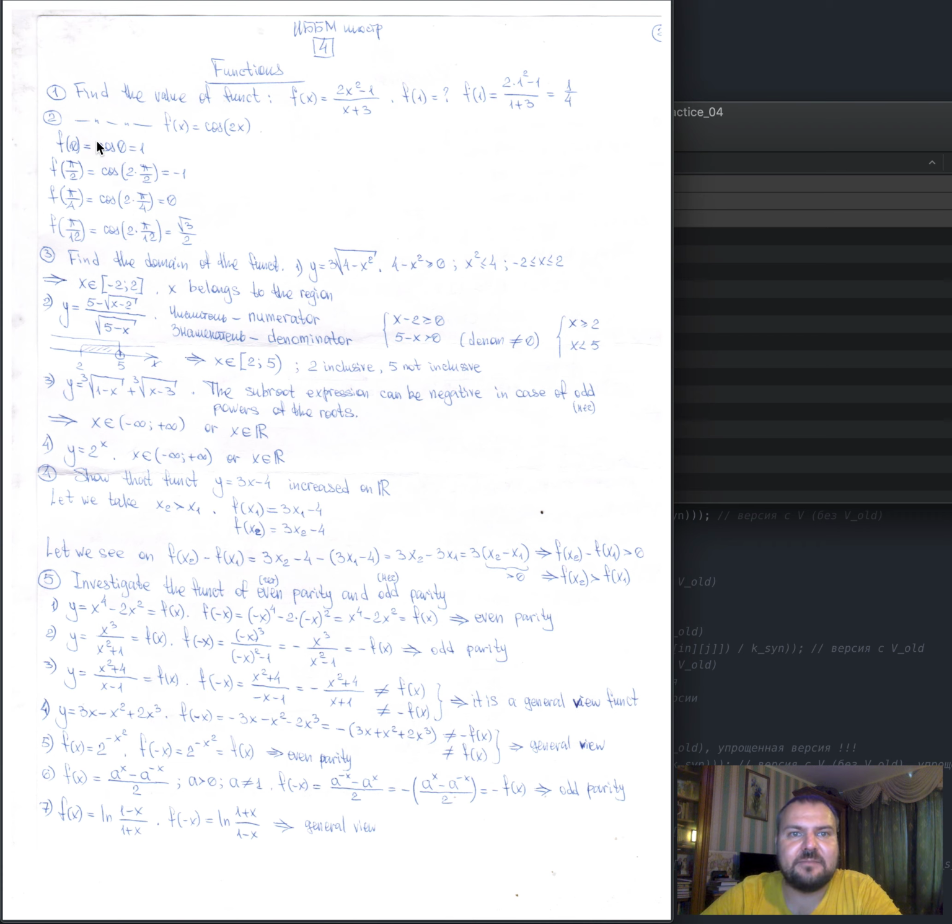The same example, f of x equals cosine of 2x. We need to find f of 0. Cosine of 0 would be 1. F of pi by 2, where pi by 2 is 90 degrees: cosine of 2 multiplied by pi by 2, it would be cosine of pi. As we know from school, it will be equal to minus 1.